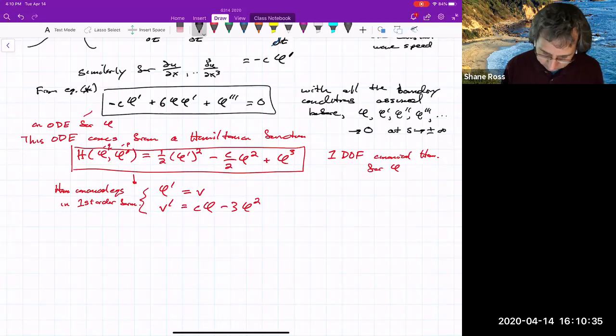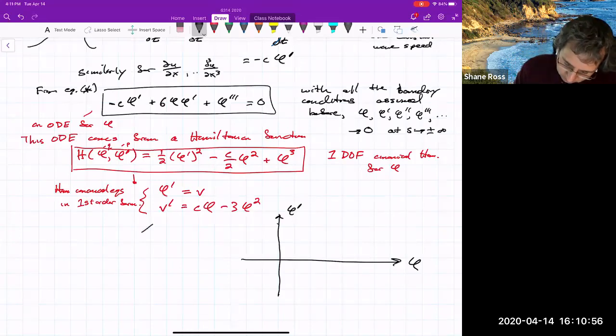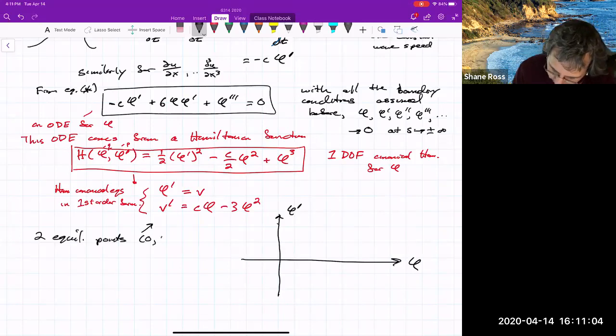And if we were to plot it, let me just try to sketch out what you would get. Along one axis we've got phi, and the other one is phi prime. This actually has 2 equilibrium points. One of them is the origin, and then another one is at c over 3, 0.